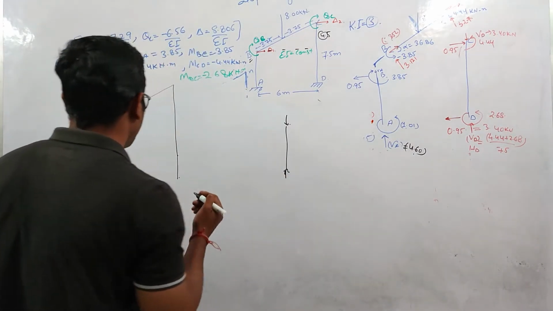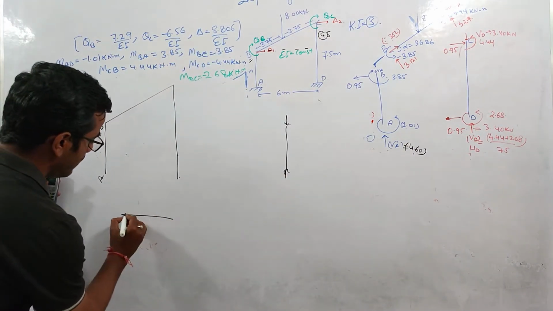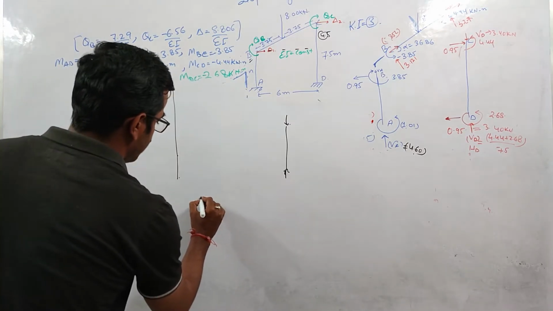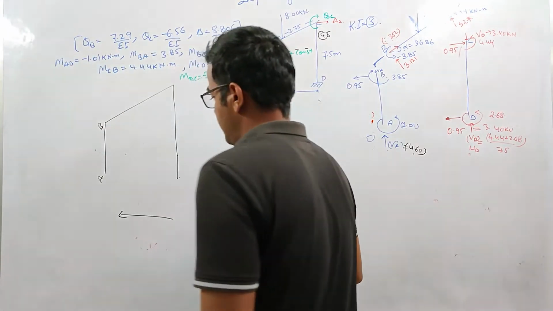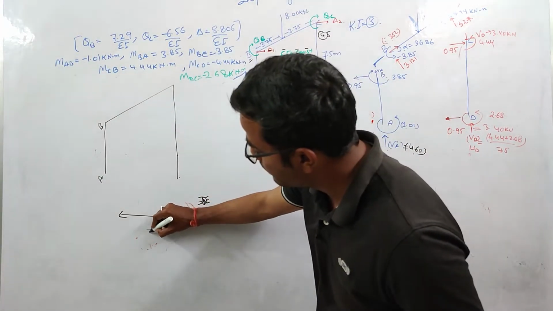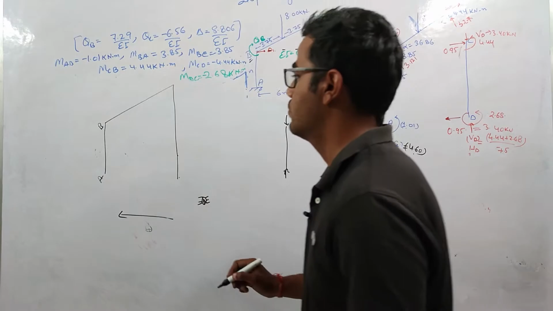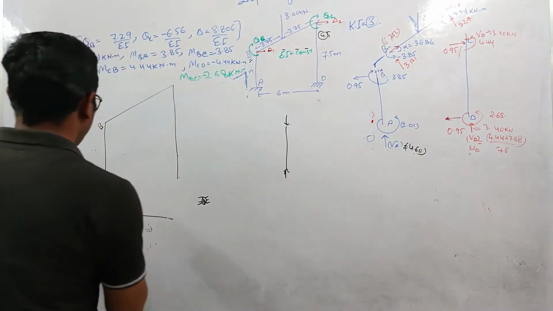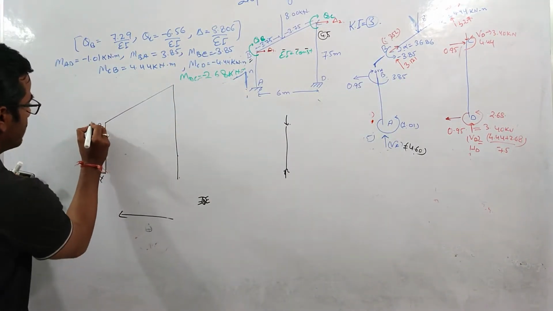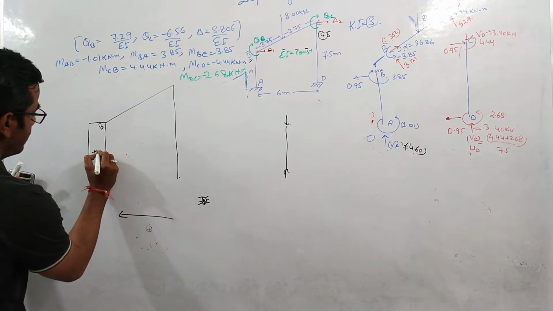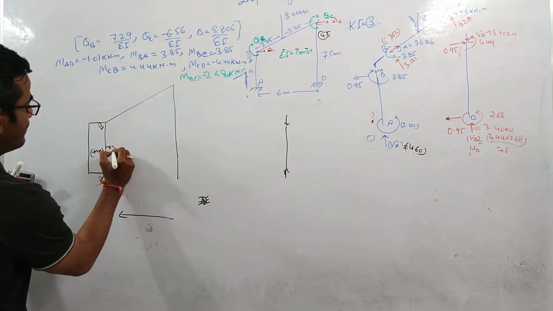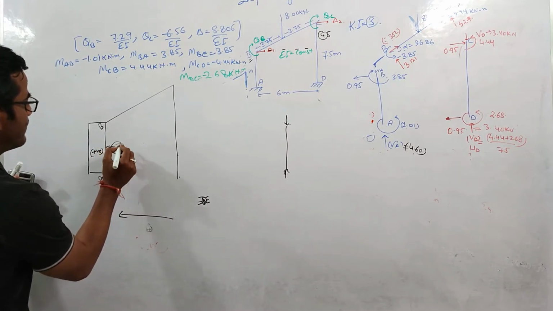So compression we are taking positive. I'm looking from here, from this side, and this I'm considering positive. So compression is positive, so I'm showing like this. This is our reference axis, which is basically the member.